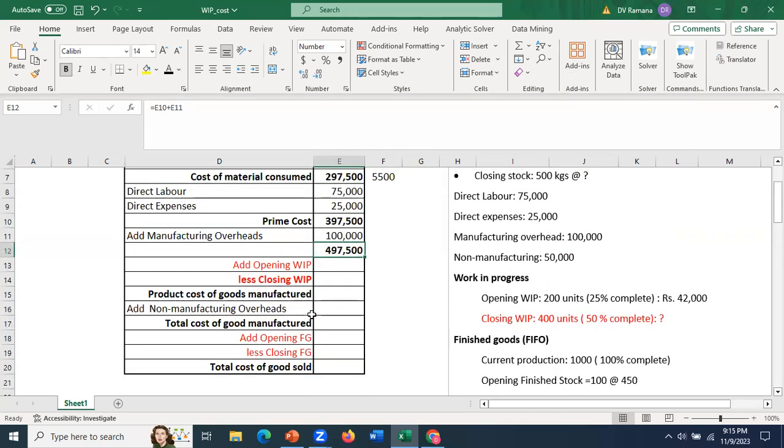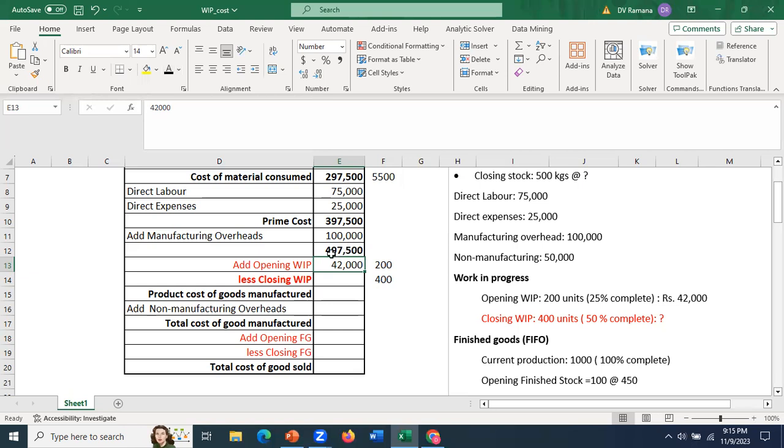Or did we spend money on something else? So therefore, because there is a work in progress, what is the value of this closing work in progress? The value of the opening work in progress is already mentioned, it's given. But what is the value of the closing work in progress?